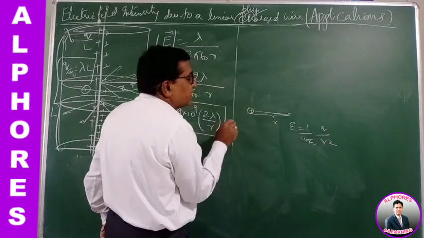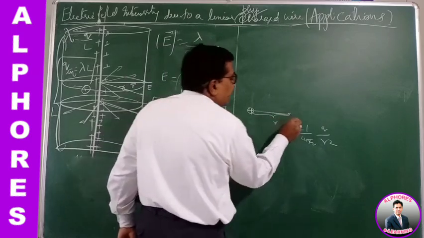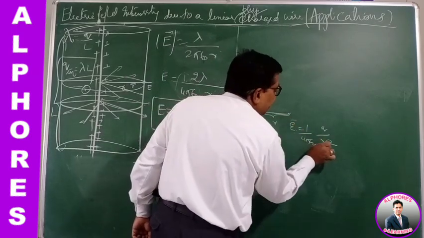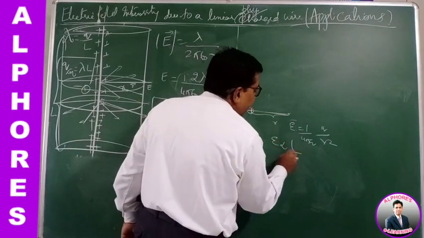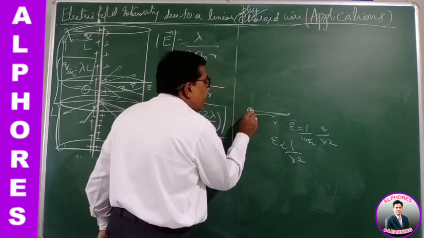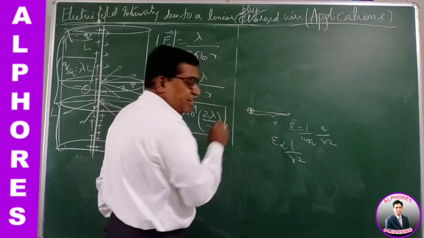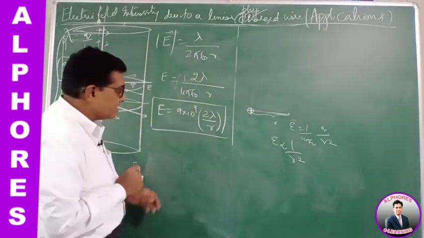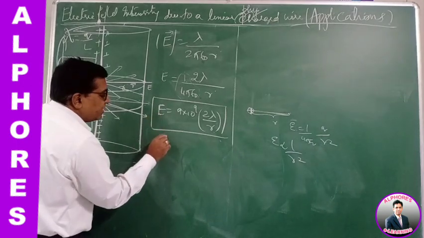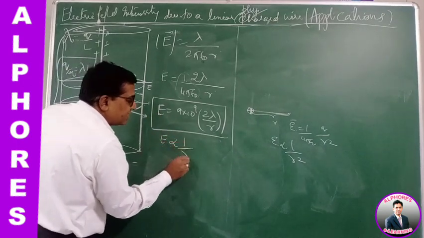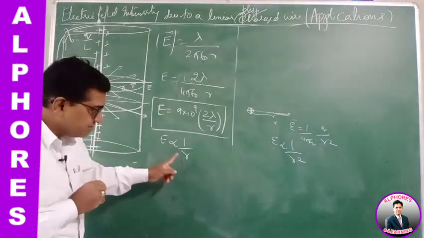For a point charge, the electric field varies inversely with the square of the distance. E is proportional to 1 by r square. But for a linear charge conductor, the electric field varies inversely with the distance, just inverse with the distance.